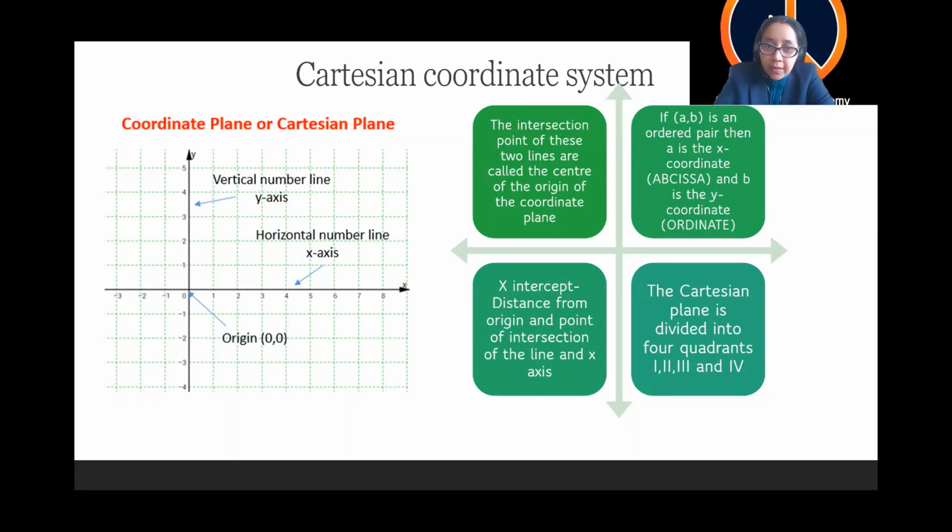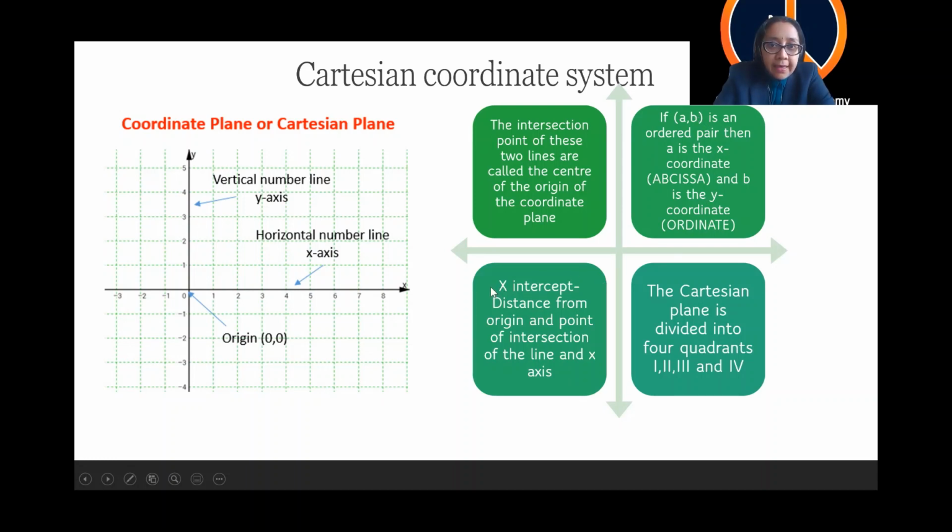We already know this from younger classes. The important point to remember is that if we write a coordinate as, for example, (A, B), then A represents the value on the x-axis and B represents the value on the y-axis. A is called the abscissa and B is called the ordinate, right?